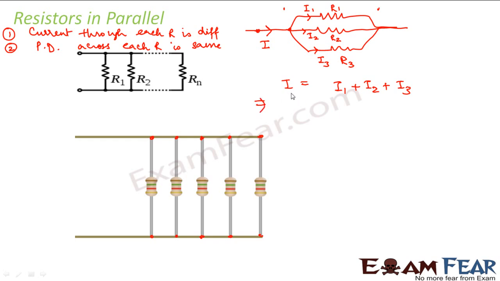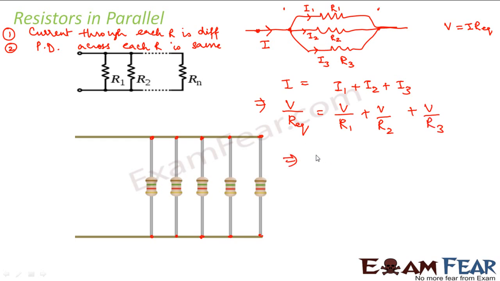Now from Ohm's law, we can say that V, that is the potential difference across these 2 points, will be equal to I into R equivalent of the circuit. So I can be written as V divided by R equivalent. I1 can be written as V by R1, I2 can be written as V by R2, and I3 can be written as V by R3.